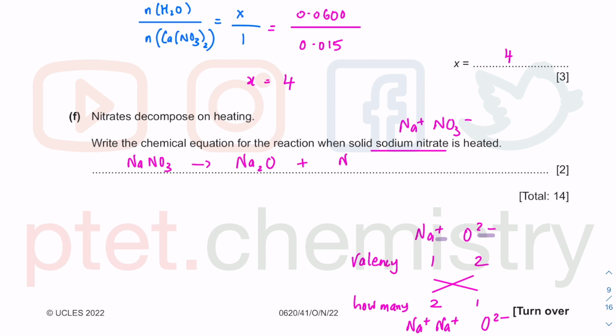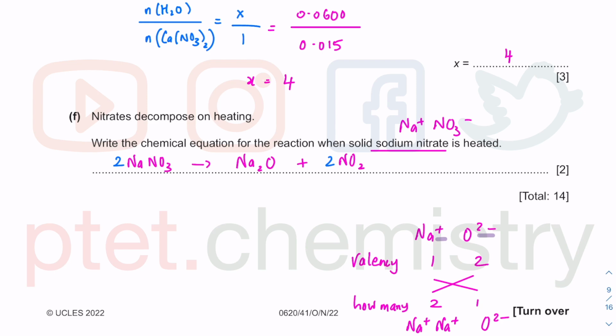And we also get NO2 gas. Let's see if we can balance the equation. So 1 of that, 1 of that. And I think that you do get oxygen as well. I haven't done this for some time, but let me see if I can balance the equation without oxygen. If I have 2 Na, I put 2 there. So 2 of the NO3 give me 2 of the NO2.